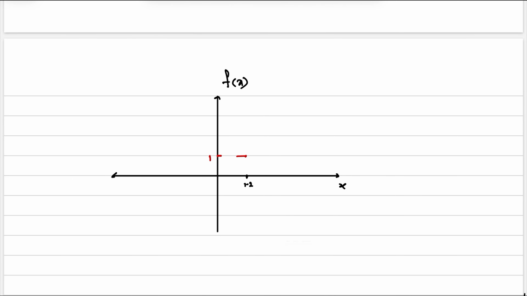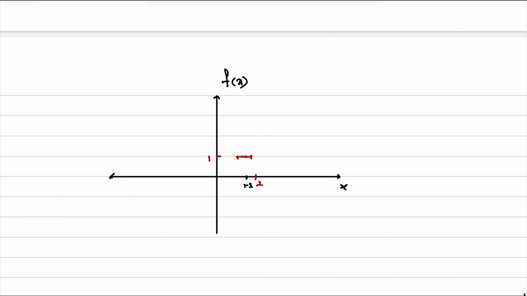Between 1 and 2, let us say it is 2. Greater than or equal to 1 and less than 2, the value of function x is 1 only.